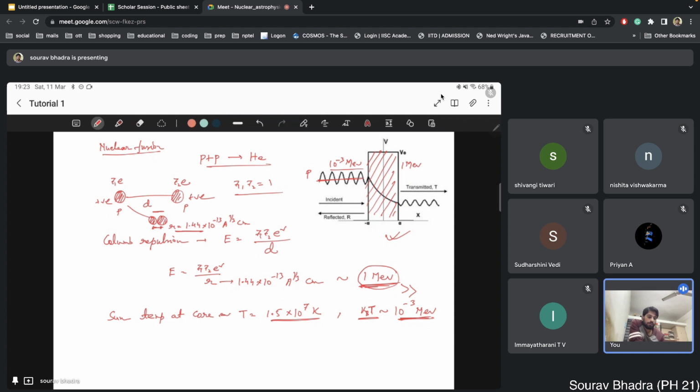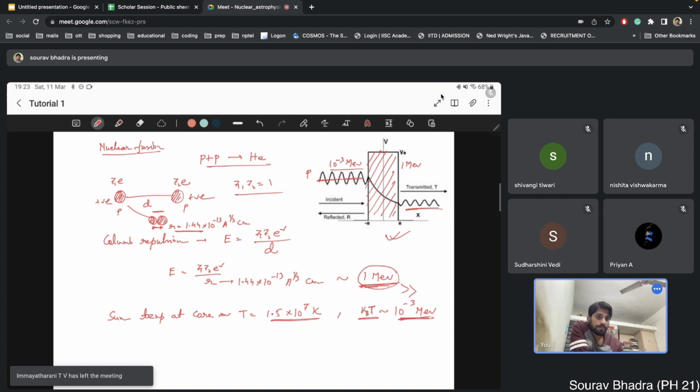So you can see, although your particle has less energy than the potential barrier, which is the required energy for the fusion to happen, still a non-zero probability of fusion can take place. So there is some probability that the particle can cross that potential barrier of 1 MeV and come closer to the other proton, and it will take part in the fusion, and the fusion reaction will happen.